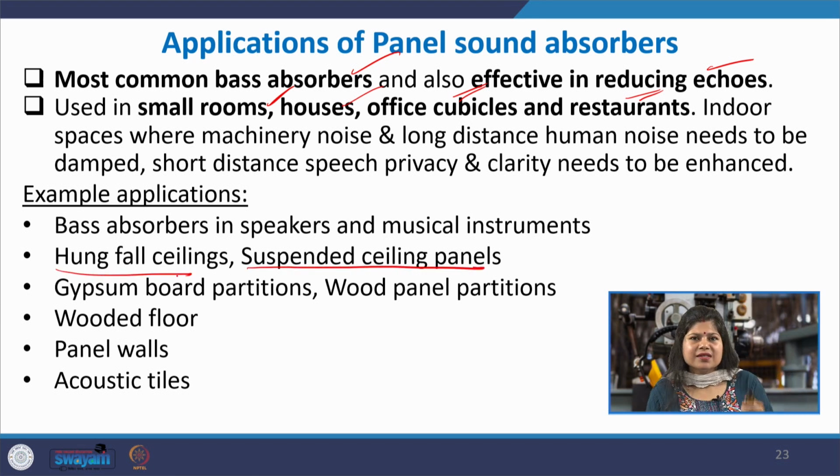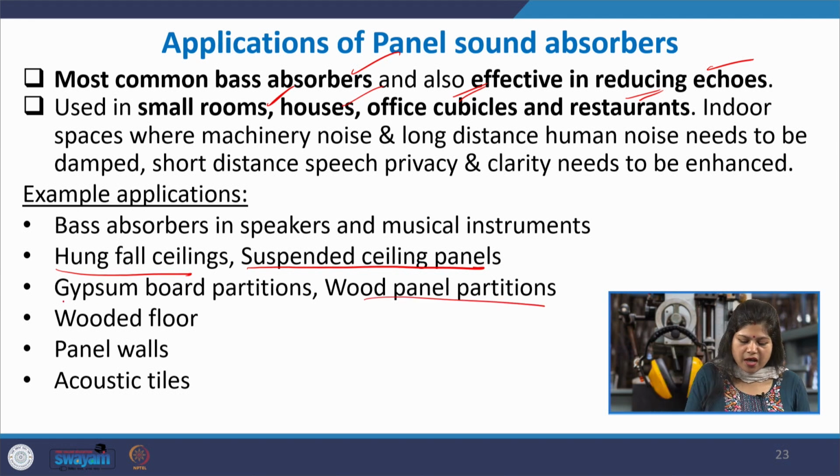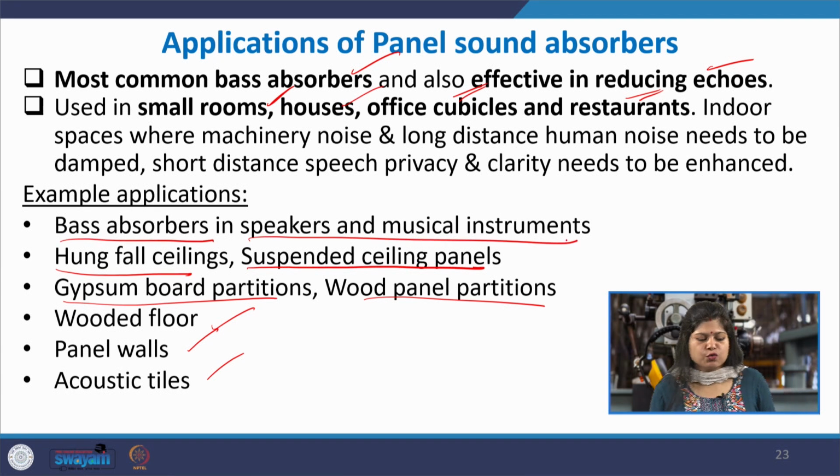So, whatever false ceilings are there, suspended ceiling panels in these office cubicle spaces, restaurants and various other buildings, they are panel absorbers. Then the gypsum board partitions and the wood partitions inside the houses also serve as panels. The wooden floors, the acoustic tiles, the panel walls, then the bass absorbers in the speakers and the musical instruments, they are all panel sound absorbers.